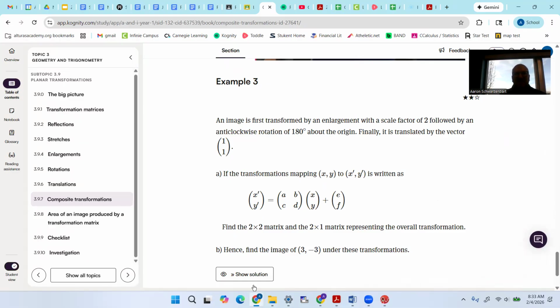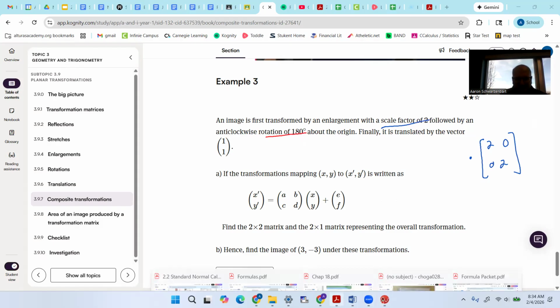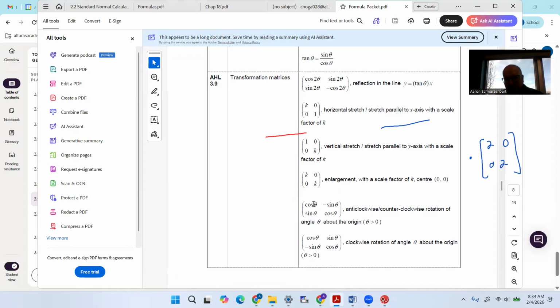And then anti-clockwise rotation of 180. So there's my scale factor of 2. Anti-clockwise rotation of 180. Let's take a look at that one: cosine theta, negative sine theta, sine theta, cosine theta.